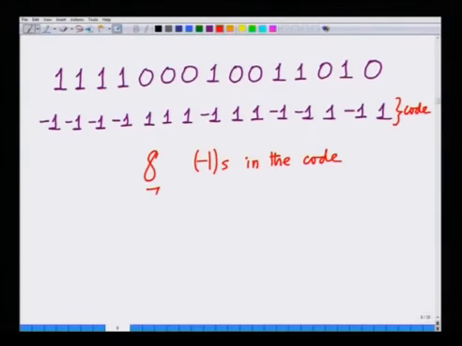So, there are 7 plus 1s in the code. Hence, what we can see is that this code is roughly balanced. The number of minus 1s and the number of 1s is approximately equal, except the number of minus 1s is 1 more than the number of 1s.